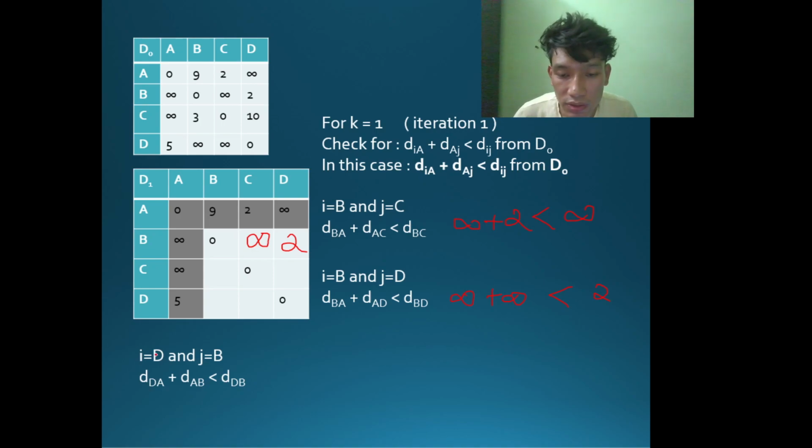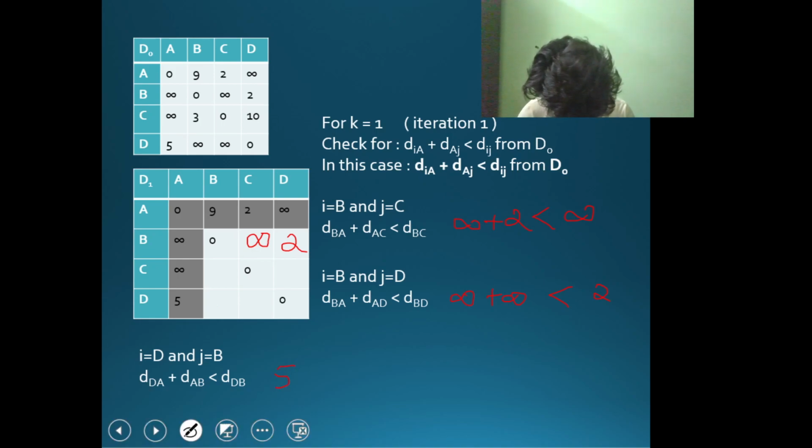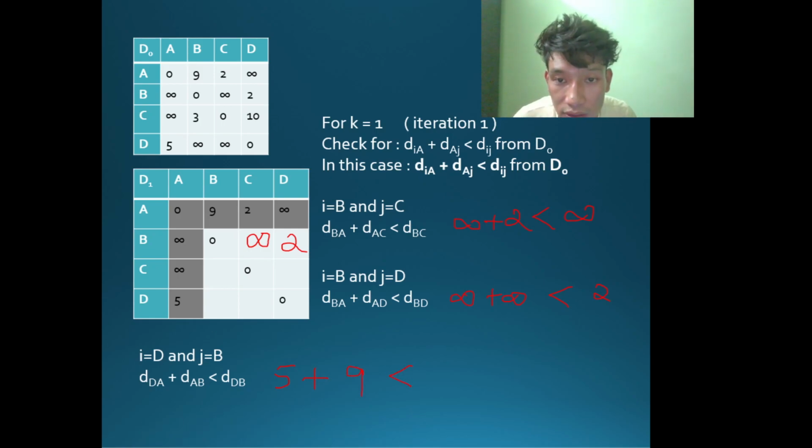So we will consider I is equal to D and J is equal to B. So for this particular element, distance of DA is 5, distance of AB is also 9, so less than distance of dB.